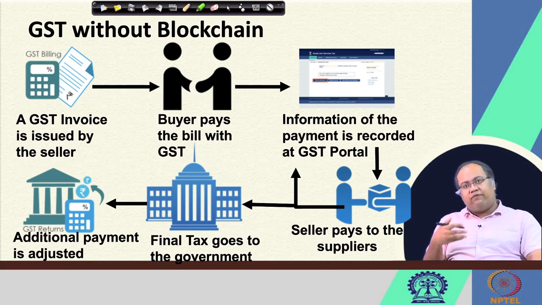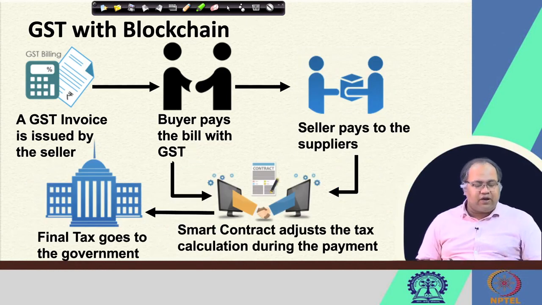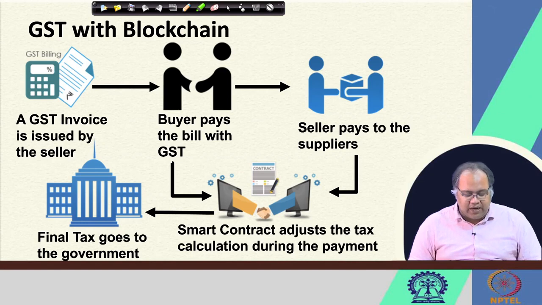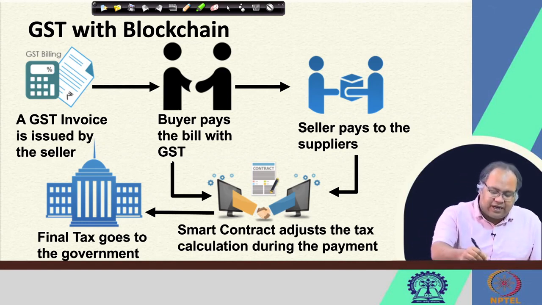So that way this kind of complication comes, and in those kinds of complications you can redeem the GST, and there is an option of filing a GST return through which you can get back the extra money that you have given.